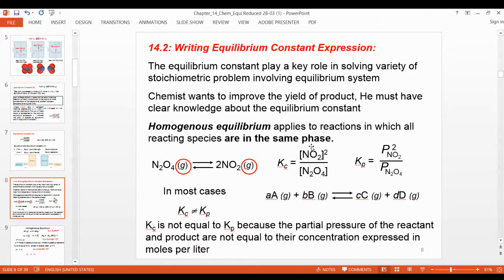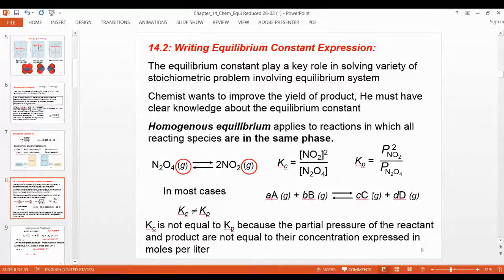Don't write these two brackets, which indicate the molarity, the concentration. In place of these brackets, you write capital P of NO2 to the power 2, the coefficient, divided by the pressure P of N2O4 to the power 1, that is the coefficient.